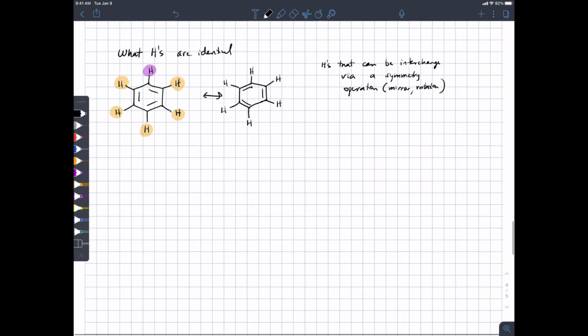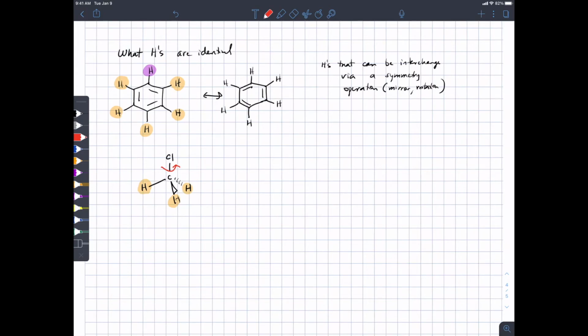Okay, let's make it slightly more challenging. Let's do the following simple molecule. By slightly more challenging, I mean ever so slightly. How many different kinds of protons do I have there? Just one, again, because we can trade places of those protons by simply rotating around that carbon-chlorine bond, right?